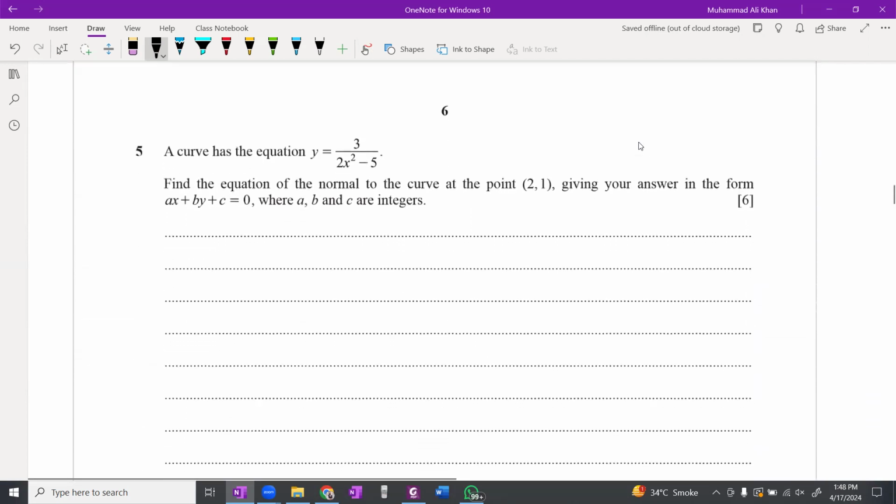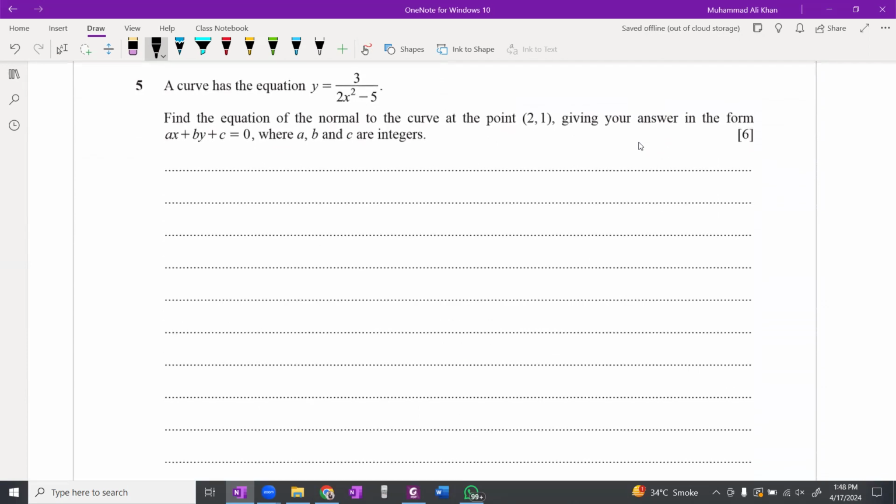Now, question number 5. A curve has this equation, find the equation of the normal to the curve. We have to calculate the equation of normal to the curve. So it means we have to differentiate it. So y equals to, first we are going to arrange this, 2x square minus 5 whole power minus 1.